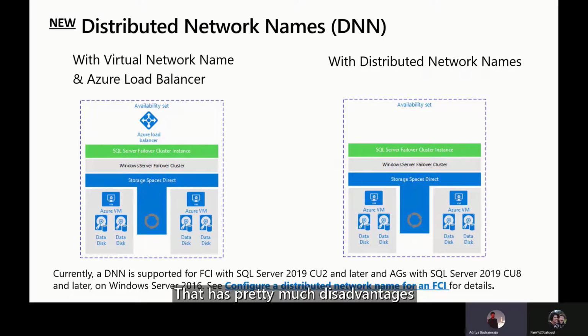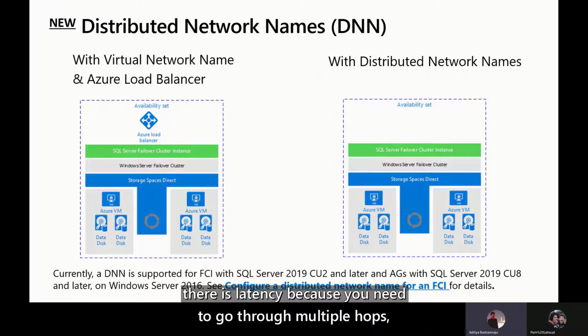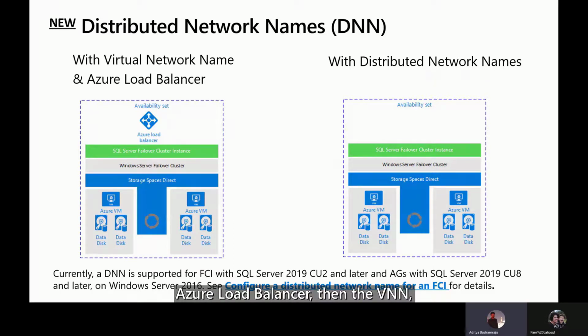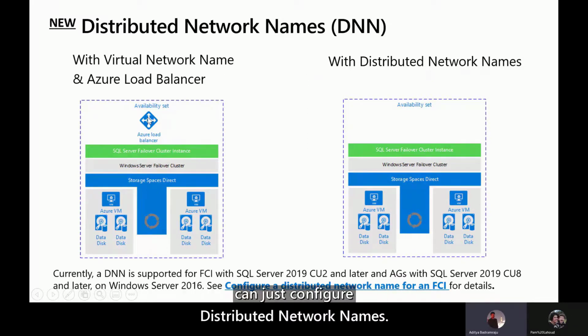That has pretty much disadvantages because there is an extreme amount of maintenance. There is latency because you need to go through multiple hops: the Azure load balancer, then the VNN, then the storage space and all that. So we made it simple by introducing distributed network names, where you need not configure an Azure load balancer. This entire aspect is gone, and you can just configure distributed network names.